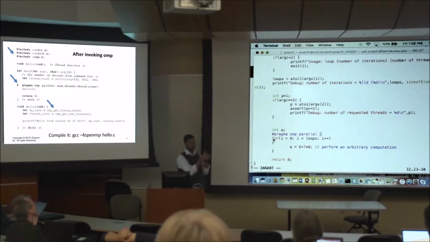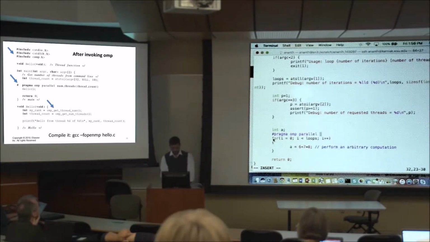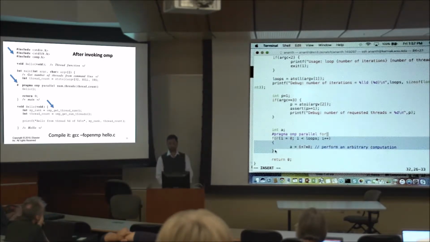And the OpenMP runtime system has internal support to parallelize a for loop. So we will not stop here. We'll say pragma OMP parallel, and we'll follow it up with saying for. What I'm trying to parallelize now is a for loop, which means the scope would be the for loop, right? This is my parallel region from here to there.